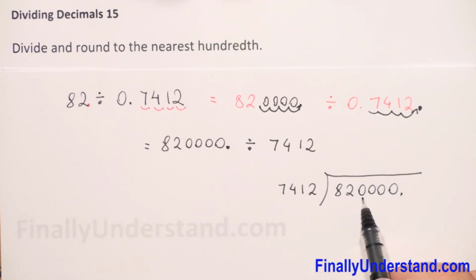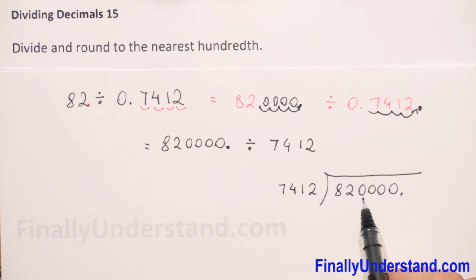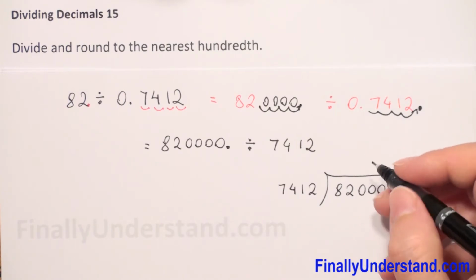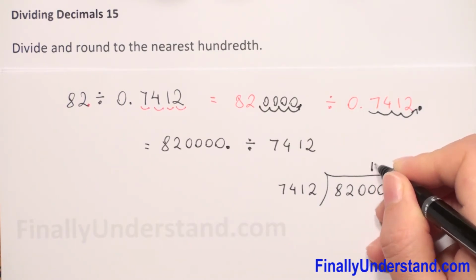We have to go to 1000 because we cannot divide 8 by 7000 something, 82 also, 820 also. So we have 8200 divided by 7412, which is 1. So we write 1, and on the top we always write the solution.